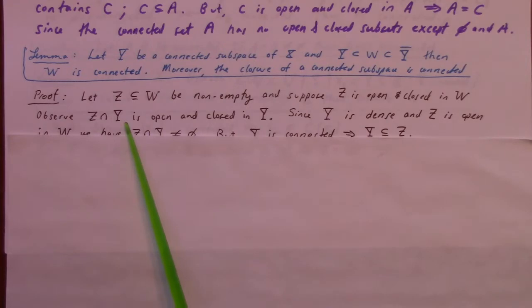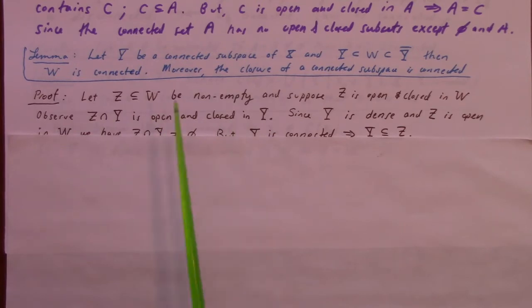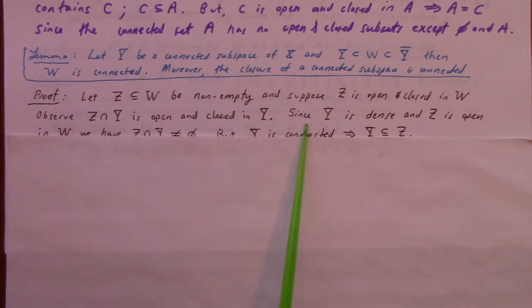So Z intersect Y is open and closed in Y by the subspace topology. And since Y is dense in Z, why is Y dense in Z?